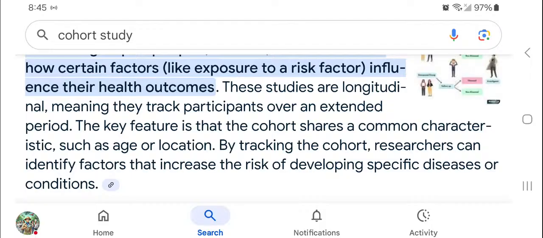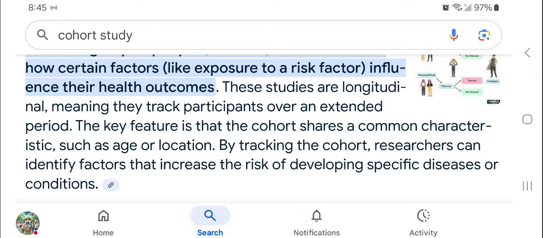But of course for case control, since it happened already, we cannot control the confounding factors, the confounding bias.